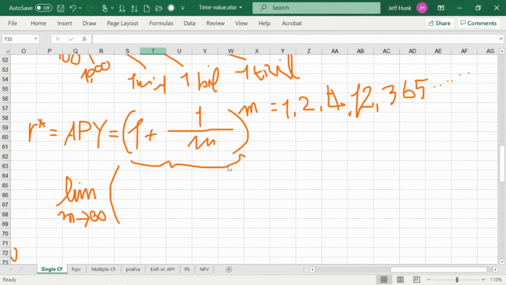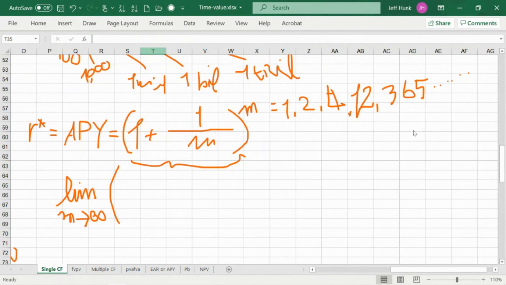What does that mean? What are we breaking? Aren't we breaking 1 year into 2 pieces or 2 segments, 4 segments, 12 segments, 365 segments?